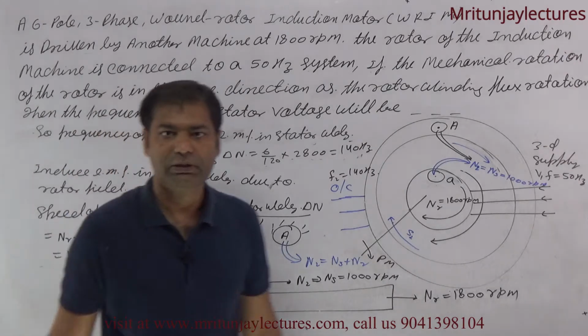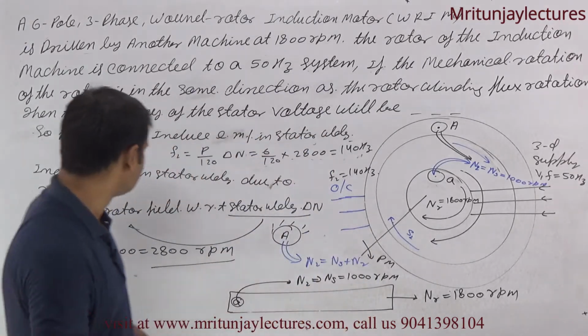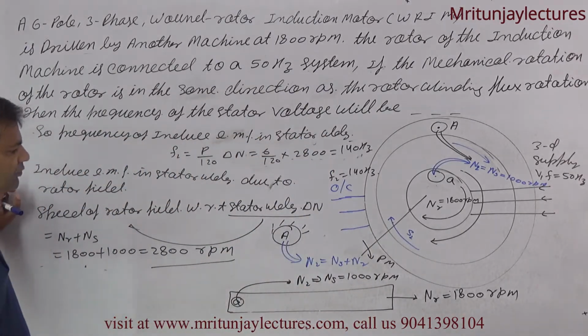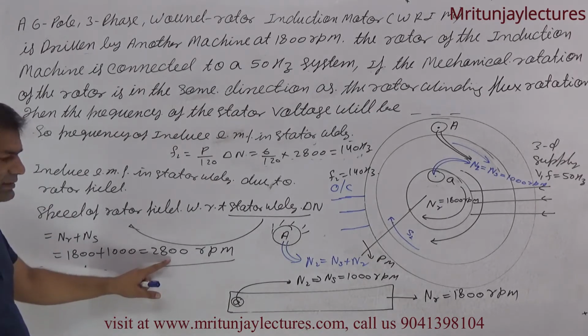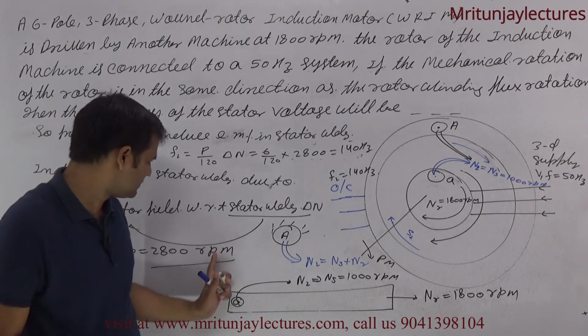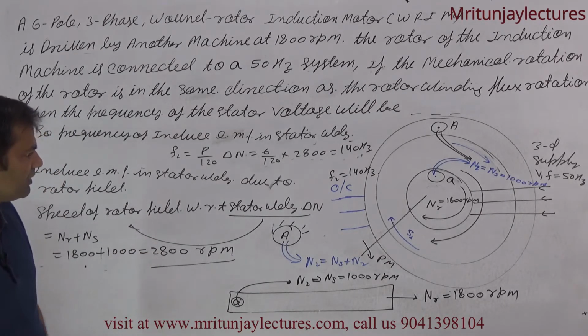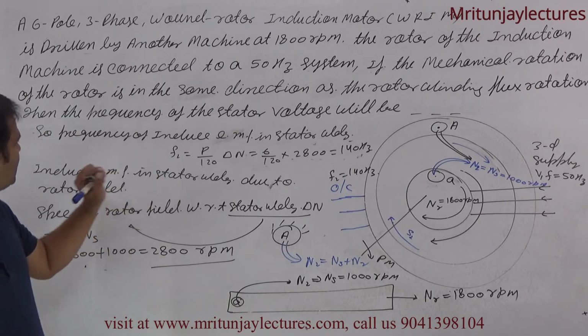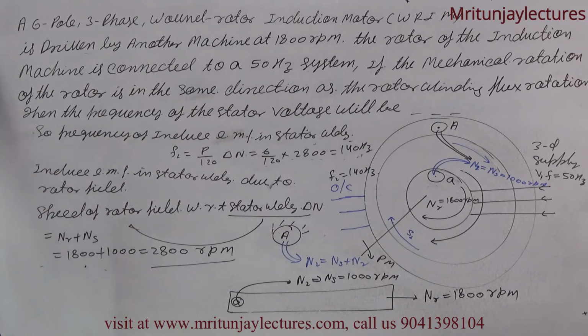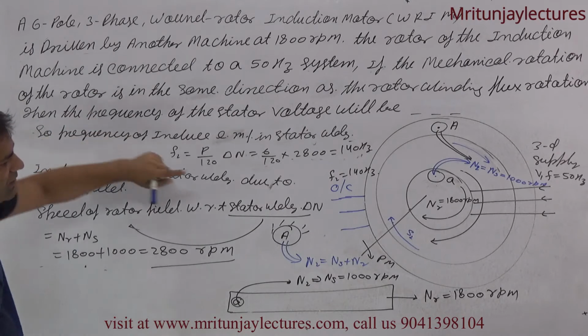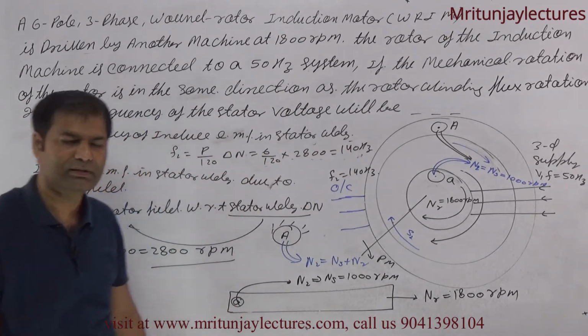Clear? For the stator, the speed of rotor field with respect to rotor winding is 2800 rpm. And what about the induced frequency, or you can say the frequency of induced EMF in stator winding? That is 140 Hz. Clear?